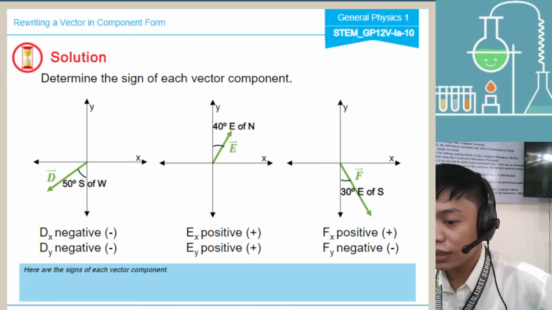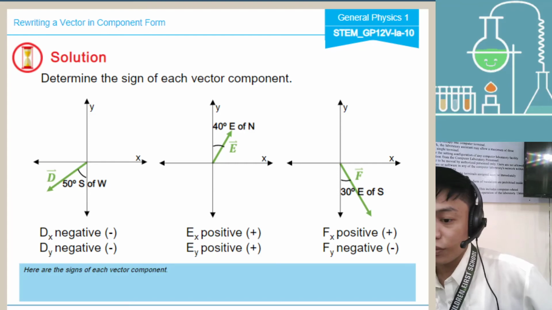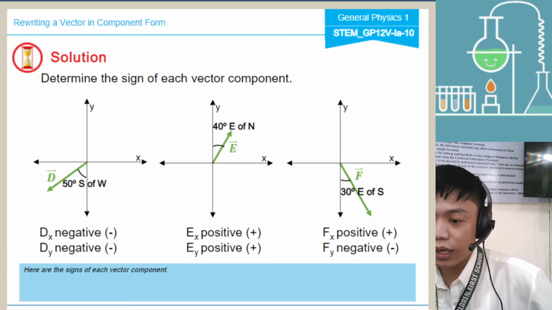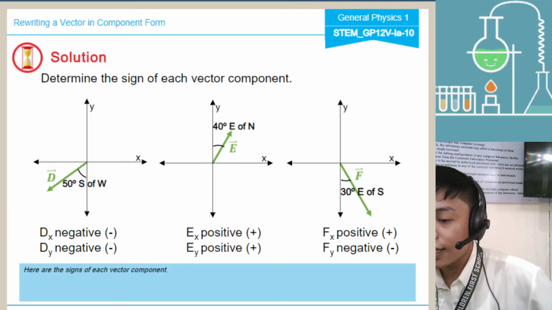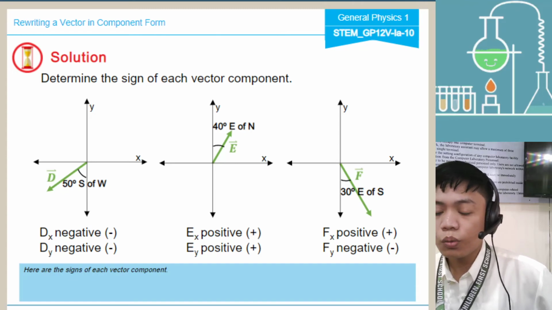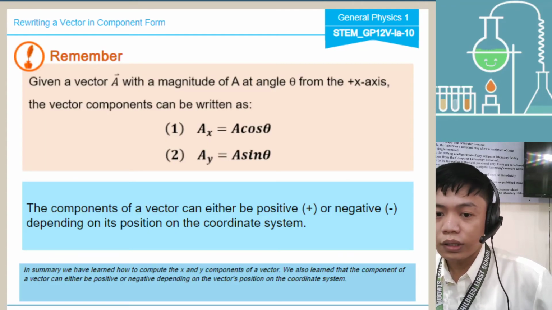Now, let's take letter F. F sub x is positive because x is positive, and y is negative. So, that is the solution.